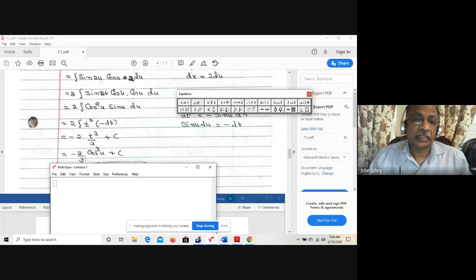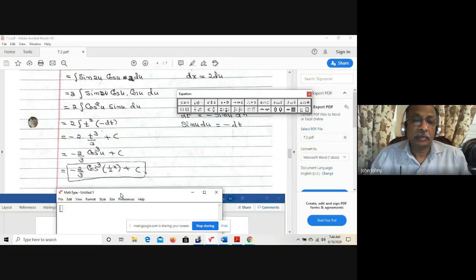That is negative 4 over 3 cos cubed u plus c. u is 1/2 x. So this is negative 4 over 3 cos cubed of 1/2 x. So please fix that mistake. This is a negative 4 over 3.